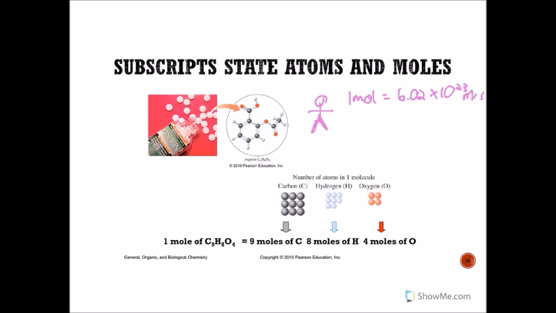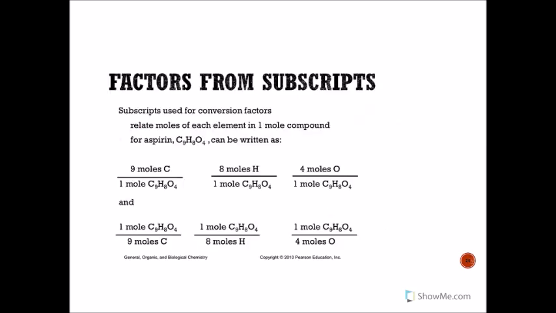And 1 mole of Miss Van's has 6.02 times 10 to the 23 Miss Van's. Now if I talked about how many hands I had, I have 2 moles of hands. Which means I'd have 2 times 6.02 times 10 to the 23 hands.